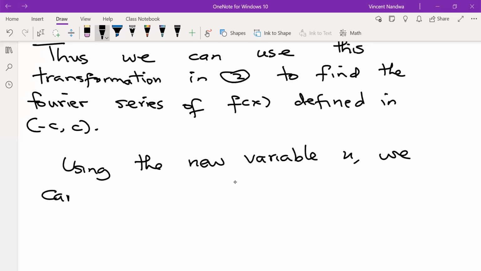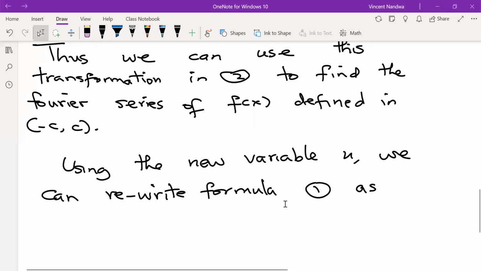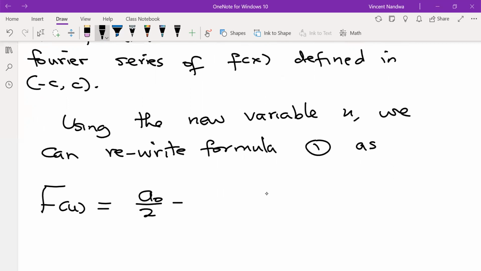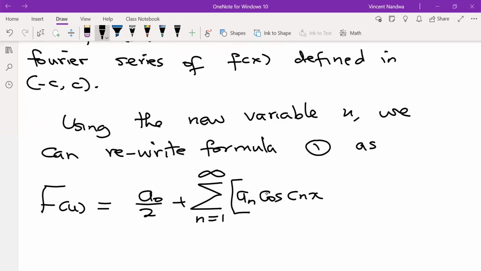We can rewrite formula 1 as, so I use capital F, F of u would be given by a naught over 2 plus summation n from 1 to infinity a n cosine of n u.